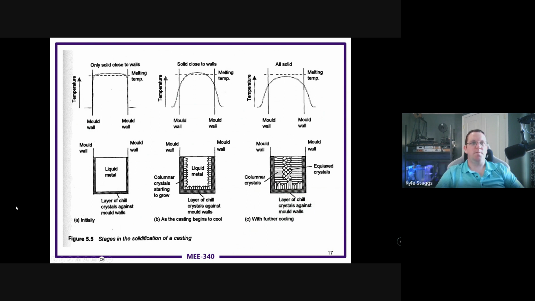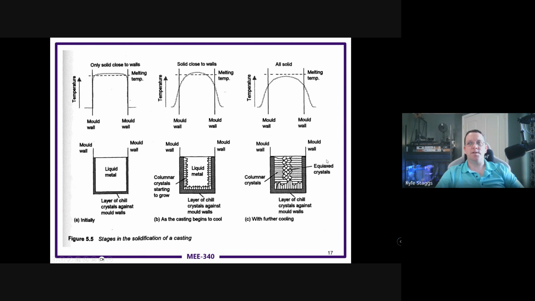So you'll get liquid metal with just a fine layer of crystals around the outside. Then you'll start getting some columnar crystals growing in the interior of the casting. And then you have these equiaxed crystals. These are equilibrated to each other, so they're a lot more uniform in the center.